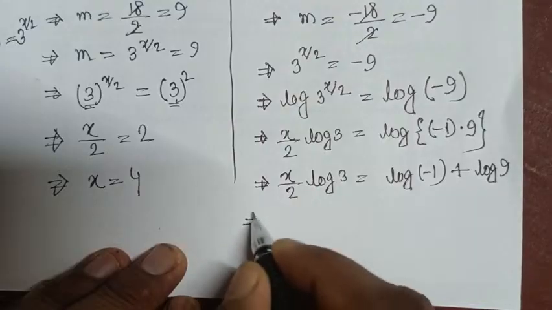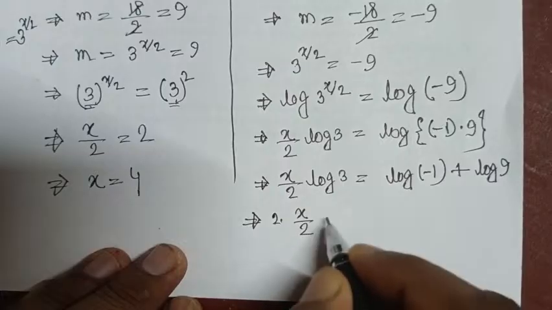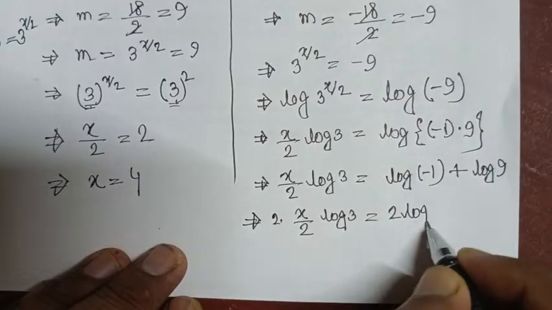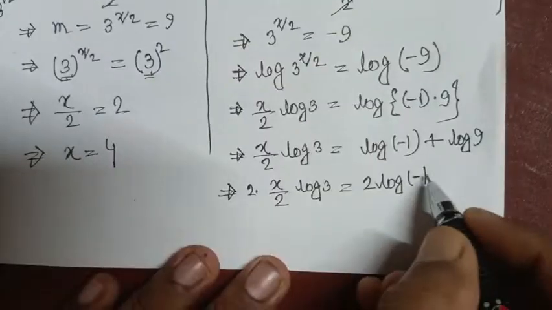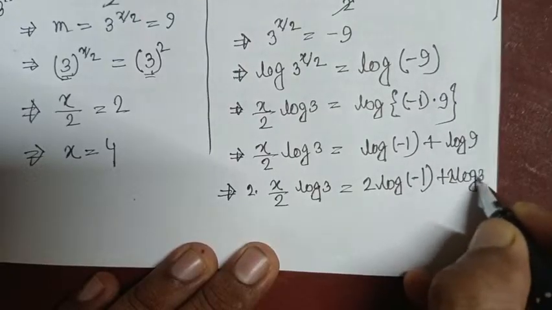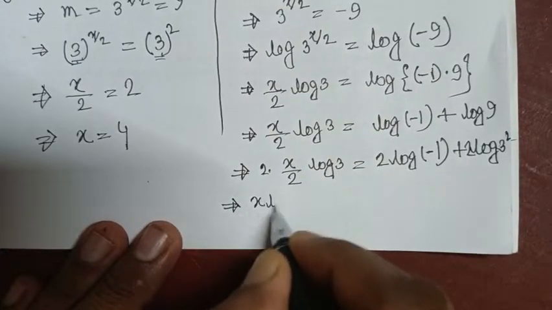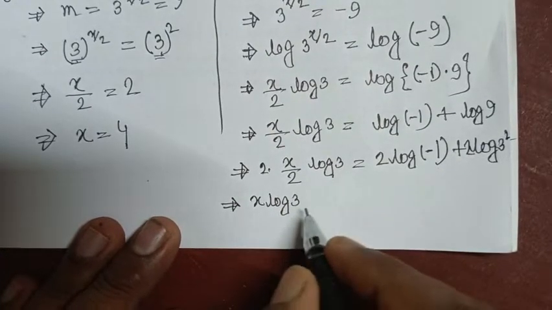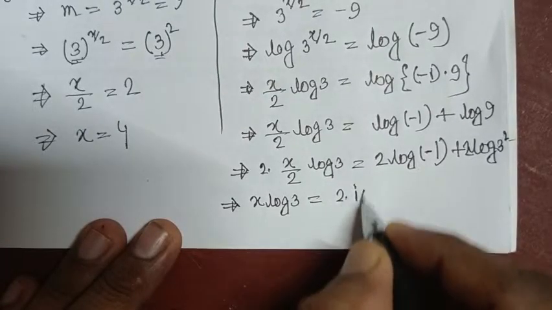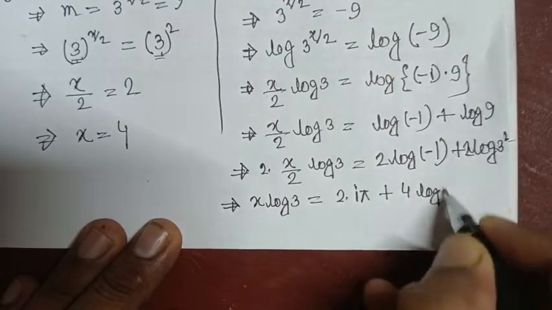If we multiply both sides by 2, then it becomes 2 into x by 2 log 3 equals 2 log of minus 1 plus 2 log 3 square. Then it becomes x log 3 equals 2 into i pi plus 4 log 3.